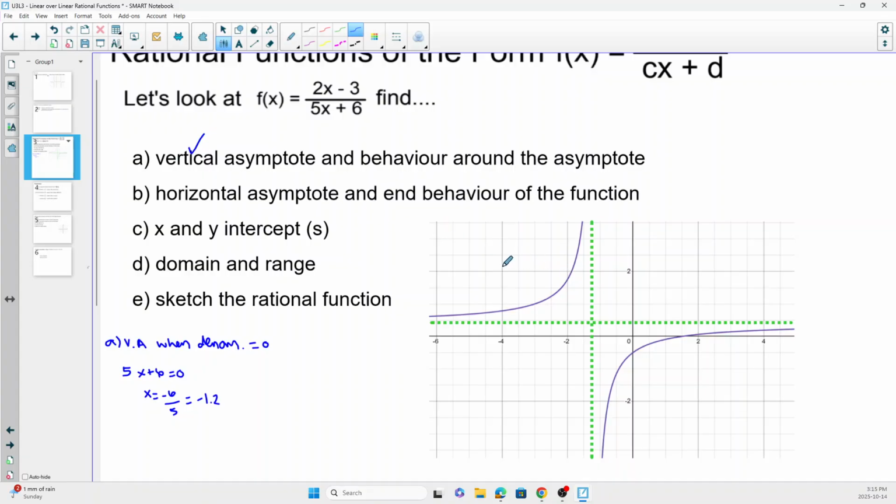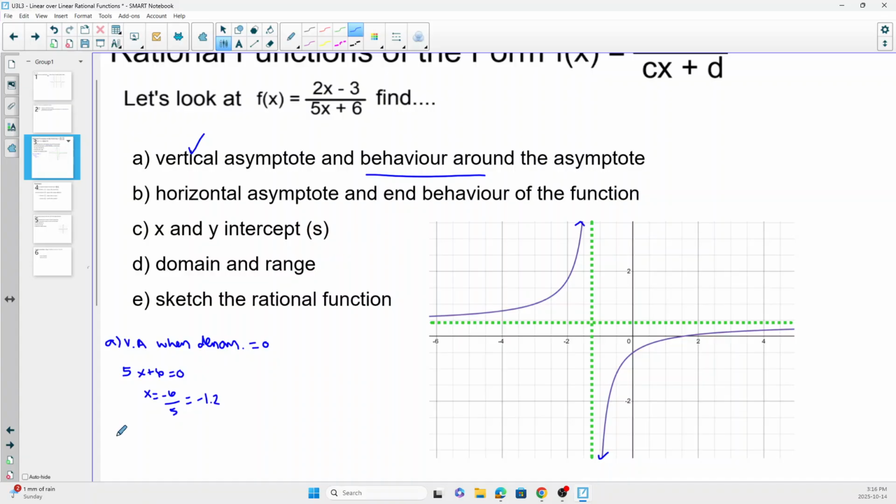Now, what we can't use is our understanding of the relationship between reciprocal and original functions to determine the behavior, knowing that on the left of this asymptote we're approaching positive infinity, and on the right we're approaching negative infinity. So for the behavior around the asymptote, we have to actually sub in something to the left and something to the right.